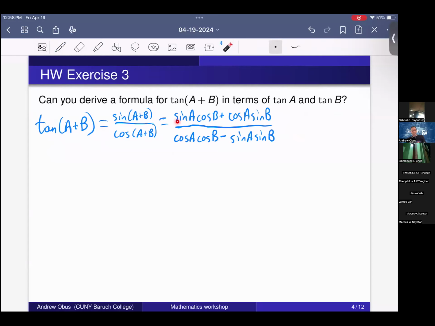In one sense, this is the formula for tangent of a plus b, but it's maybe not the easiest formula to remember. It would be better if we could somehow write everything in terms of tangent.